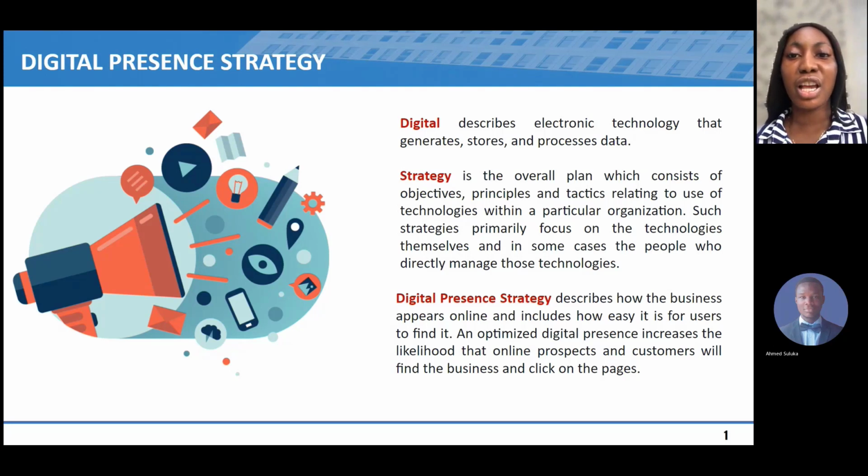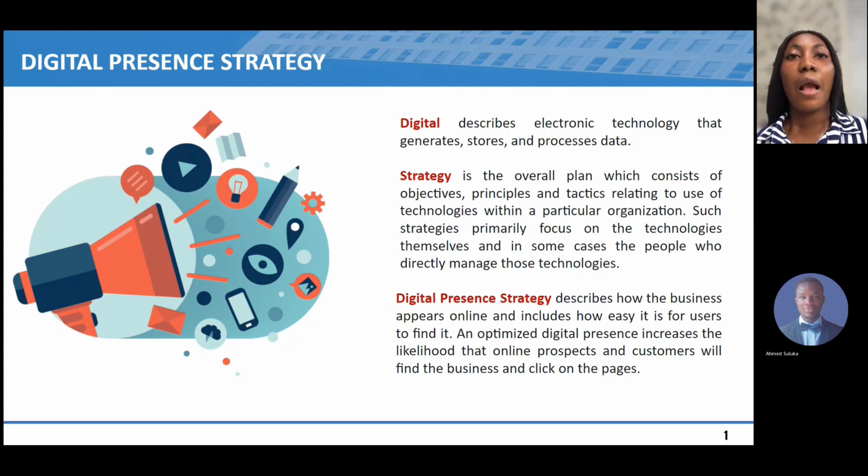Now, what is strategy? Strategy is the overall plan which consists of objectives, principles, and tactics relating to the use of technologies within a particular organization. Such strategy primarily focuses on the technologies themselves, and in some cases, the people who directly manage those technologies.